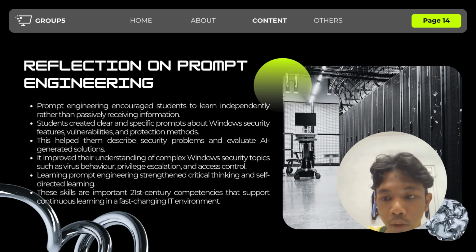This process improved their understanding of complex topics such as virus behavior, privilege escalation, and access control in Windows. Overall, learning prompt engineering strengthens students' critical thinking and self-learning skills while deepening their knowledge of Windows security. These are important 21st century skills that support continuous learning and adaptability in this fast-changing IT environment.